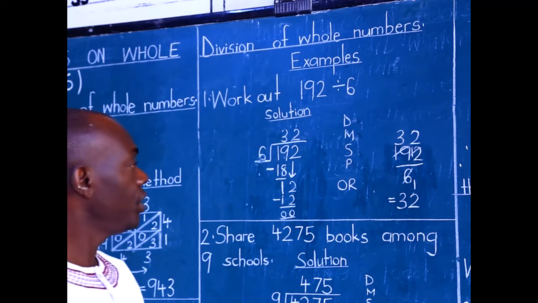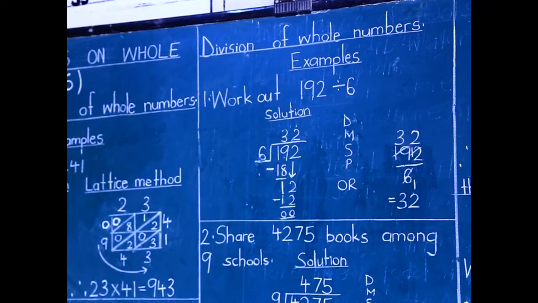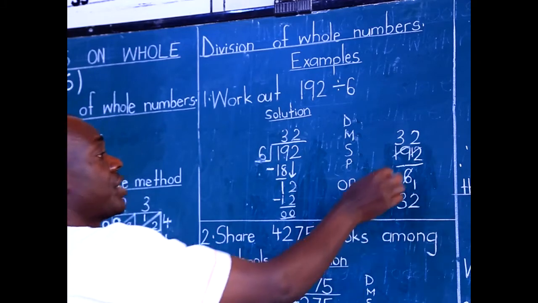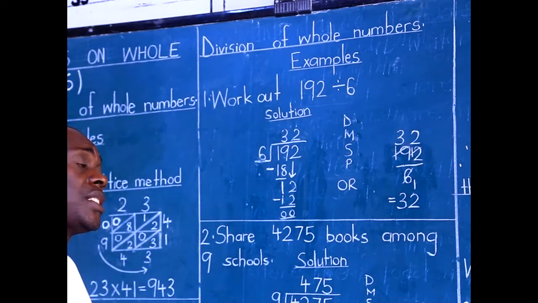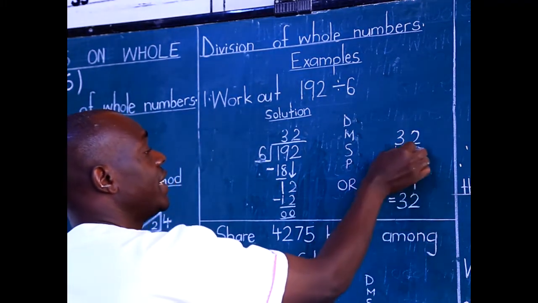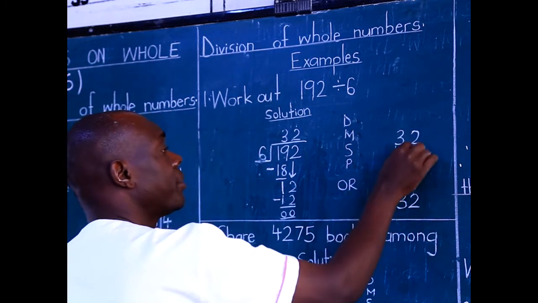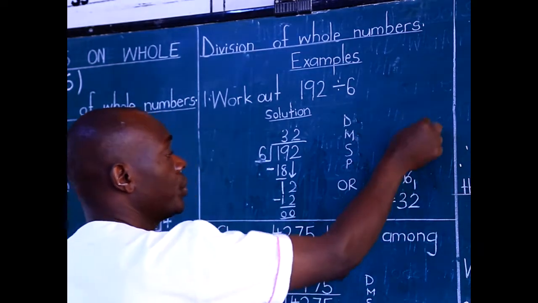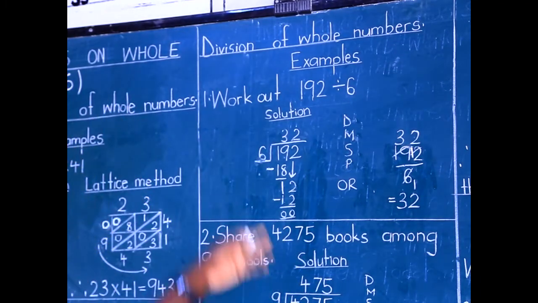And now, if one doesn't use long division, one would opt for the cancellation method. You would instead just write 192 over 6 and then start your cancellation. 6 divided by 6 is a 1, 19 divided by 6 is 3, remainder 1, and now I've got a 12. 12 divided by 6, you get a 2. So you have got the answer 32, like the other one where you used long division.